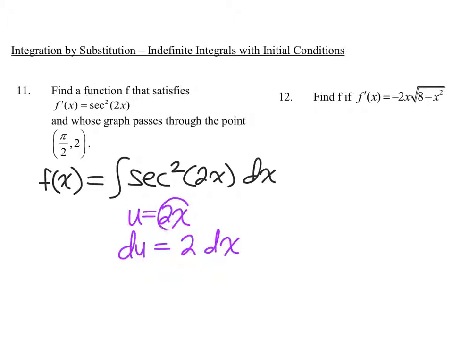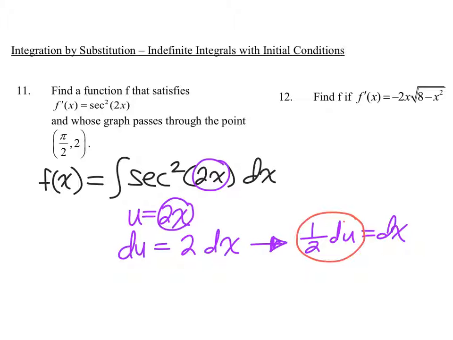The u is going to replace the 2x, and I don't have a floating 2 to get rid of, so I'm going to solve this for just dx. So 1/2 du would be equal to dx. You're just applying a little bit of algebra here.